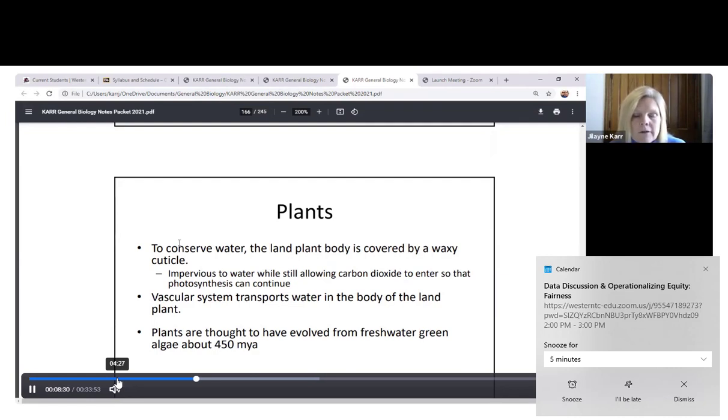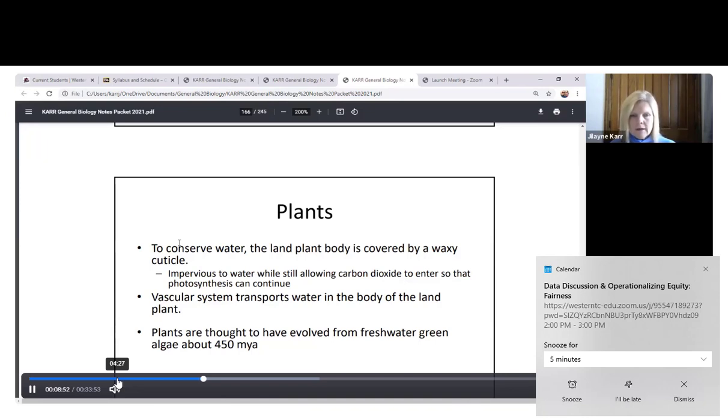So to keep that water inside the plant, so it comes in through the roots, up the stem, out to the leaves, the plant is covered by a waxy cuticle. So this waxy covering prevents water loss, and that's really important for our leaves to be covered with this waxy cuticle to prevent water loss and drying out.